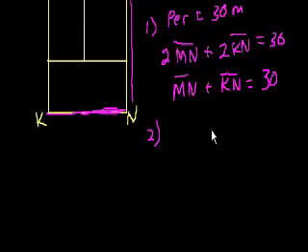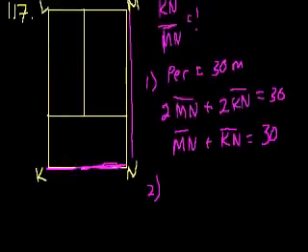Statement 2 tells us the 3 small rectangles have the same dimensions. This is interesting, because that tells us that this distance and this distance have to be the same.